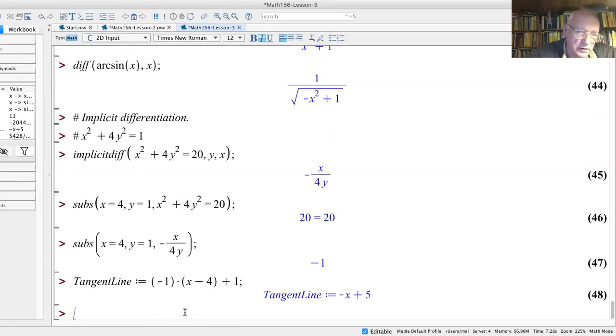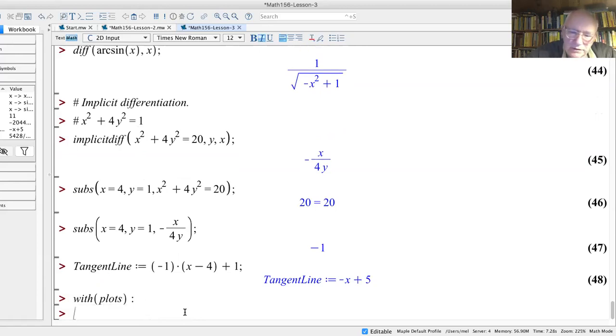Next time, in the next lecture, I will show you a plotting command called implicit plot. I just want to draw the picture now so you can see what's going on. Implicit plot.